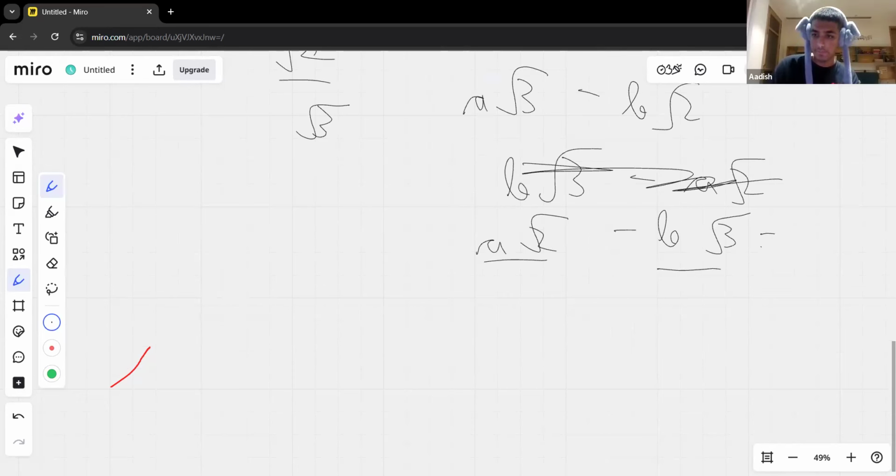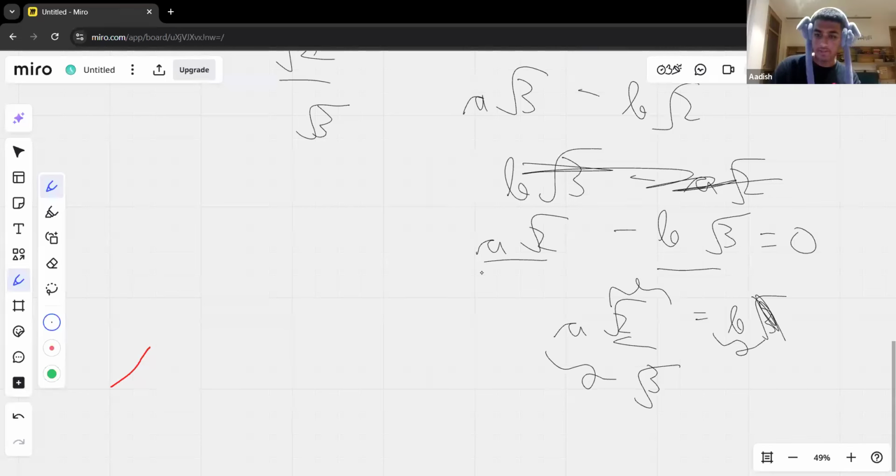Suppose this is zero. Rearrange: a root 2 equals b root 3, divide by root 3. So this is an integer, and this is an integer times an irrational number. This side is irrational, this side is rational, unless both a and b are zero.